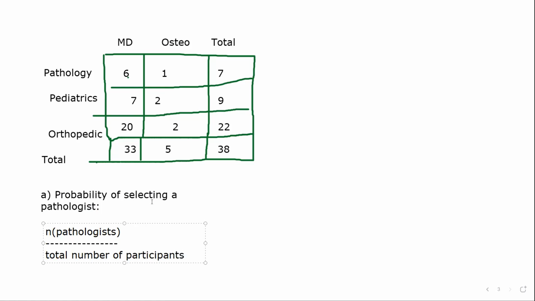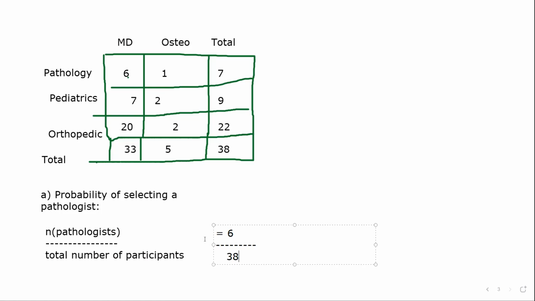So the number of pathologists we know was 6. That was self-evident from the chart. And then the total, that's why we had to go bother computing all those totals. This is 38 here.